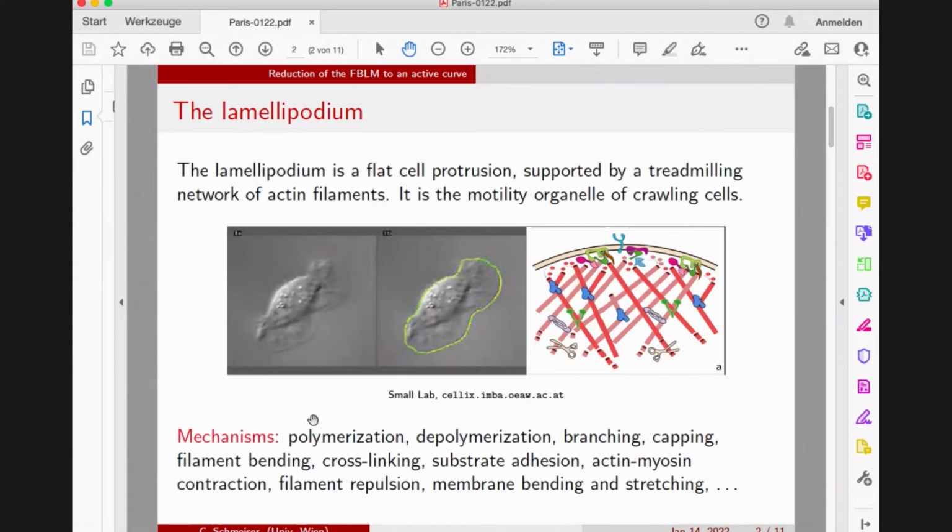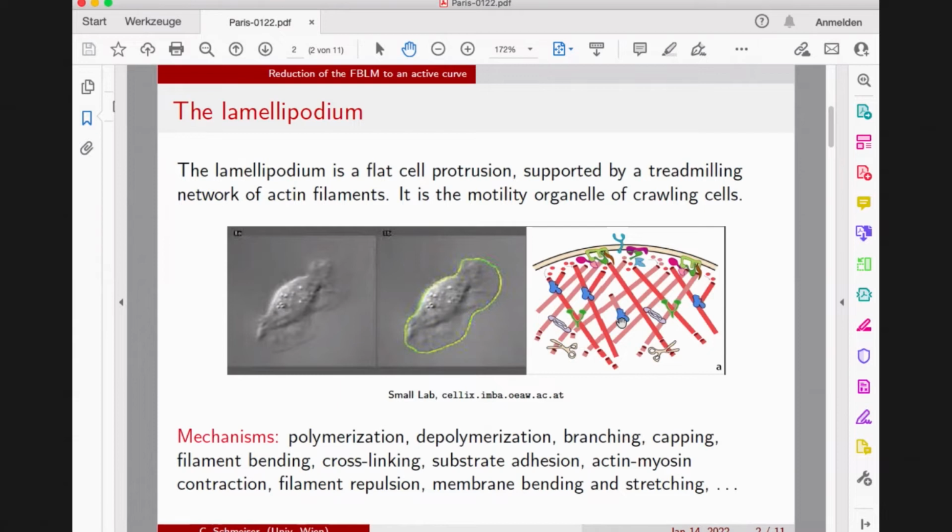So now I have described polymerization already. Branching, I said there are branches. The idea of the branching is that the branching is responsible for creating new filaments. So new filaments are created by branches, and these branches typically start also very close to the leading edge, but then they are pushed backward.